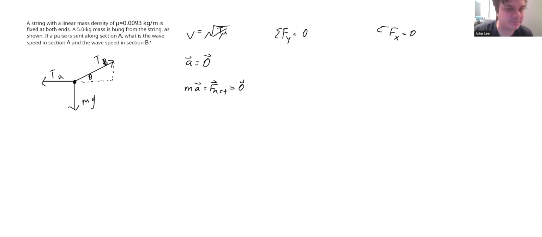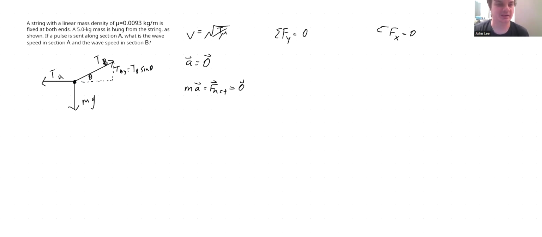In this case, TBy is equal to the hypotenuse times the sine of the angle, because it's the opposite of the angle and the overall tension B is the hypotenuse of this force.